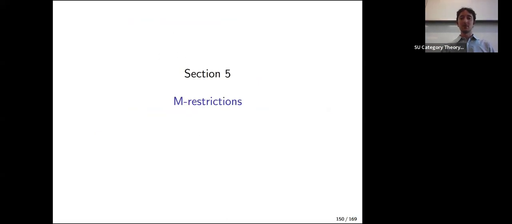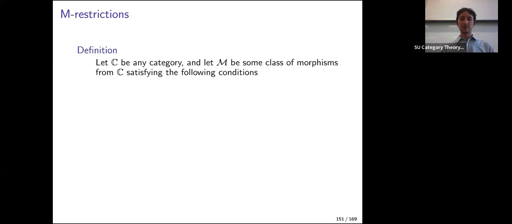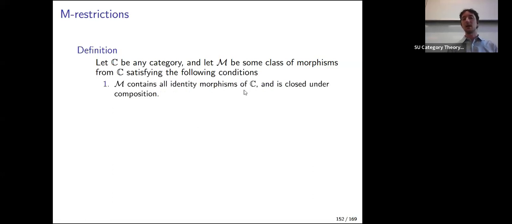Okay, cool. The last thing I want to talk about is M restrictions. So what is an M restriction? For any category C, we take M to be some class of morphisms satisfying a list of conditions. So M needs to have all identity morphisms and needs to be closed under composition.